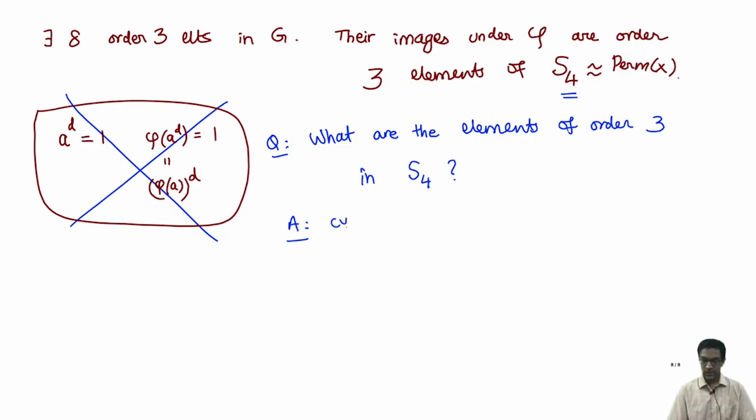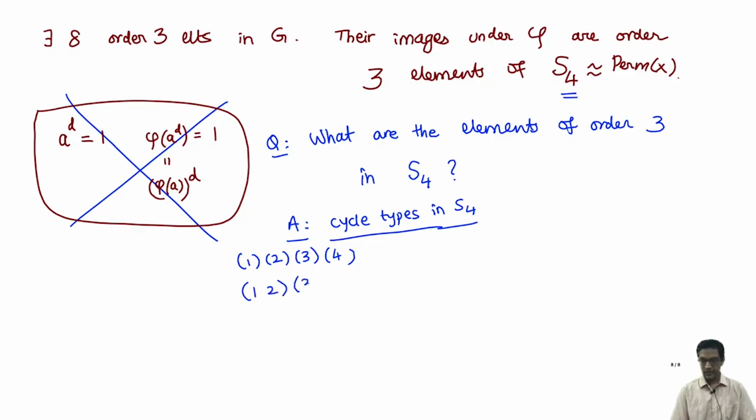So let's recall what are the various possible cycle types of elements of S4. So these are cycle types in S4. You can have, say, the identity element whose cycle type is 1, 2, 3, 4, or I can have a 2 cycle and 2 1 cycles. I can have 2 2 cycles, or I can have an element which is a 3 cycle with a 1 cycle or a 4 cycle.